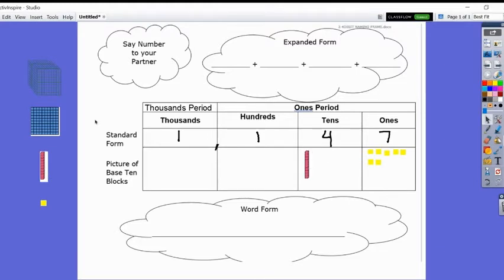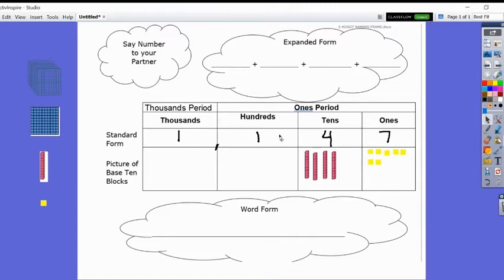So that's 10, 20, 30, 40. That's 4 groups of 10. You should have 4 groups of 10 and 7 ones on your paper, and also 4 groups of 10 and 7 ones on your place value chart mat.